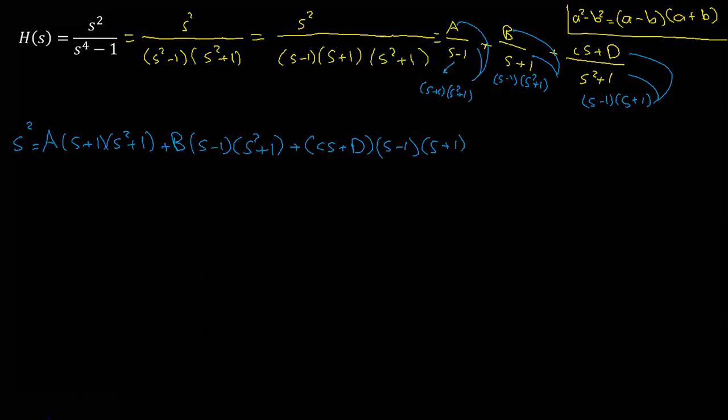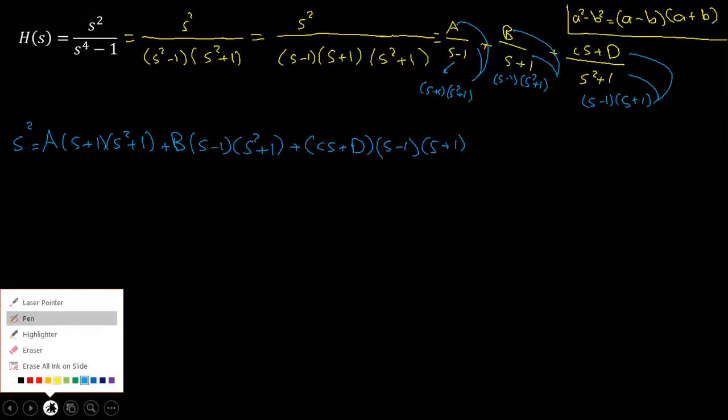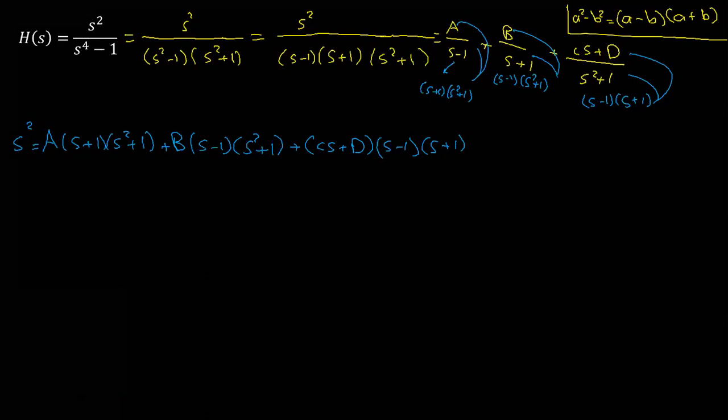Now let us try to find the constants A, B, C. I'm going to start finding the constant A. Let me call this equation star. So to find A, I'm going to choose my s to be what? Can anyone guess?